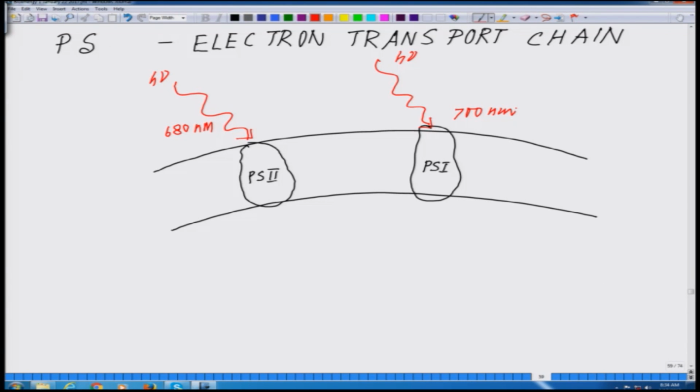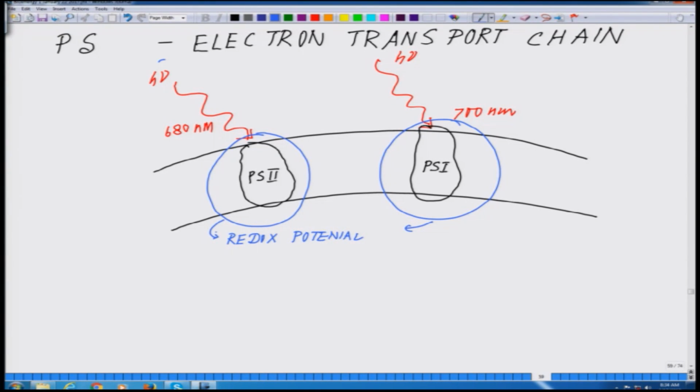So, this is the second difference. There is a third difference, and the third difference is that this whole complex is sitting at a different redox potential as compared to this one.